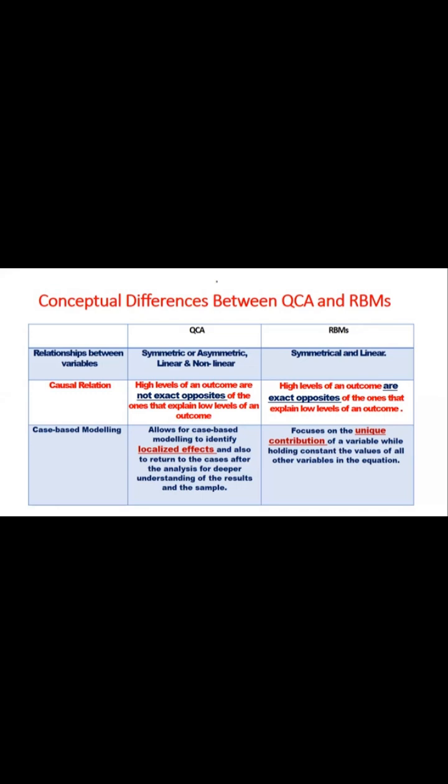In a regression-based method, only the symmetrical and linear relationship can be tested. When the relationships are symmetrical and linear, it will be tested by regression-based method. And if the relationships are asymmetrical, linear, or even non-linear, you can test it through the QCA. So the QCA has the advantage over RBM.